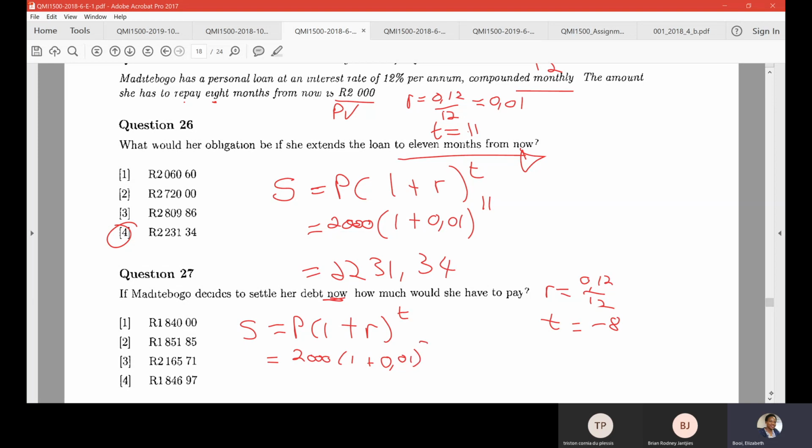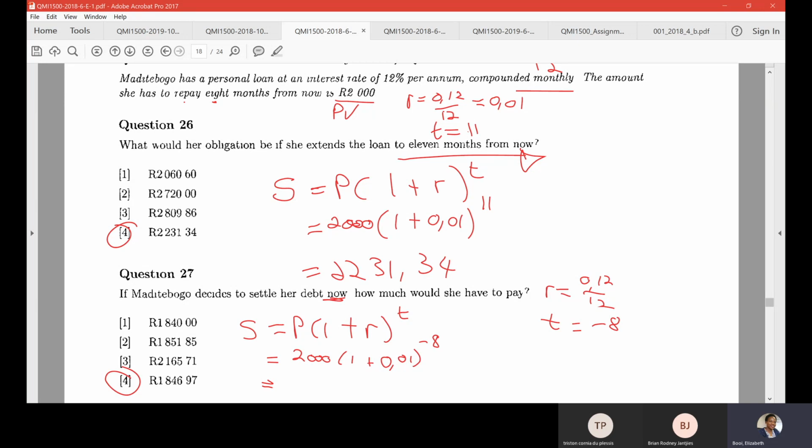And our T will be to the power minus 8. And what will be your answer? 1846.97. Option 4. That will be option 4. That's time value for your money.